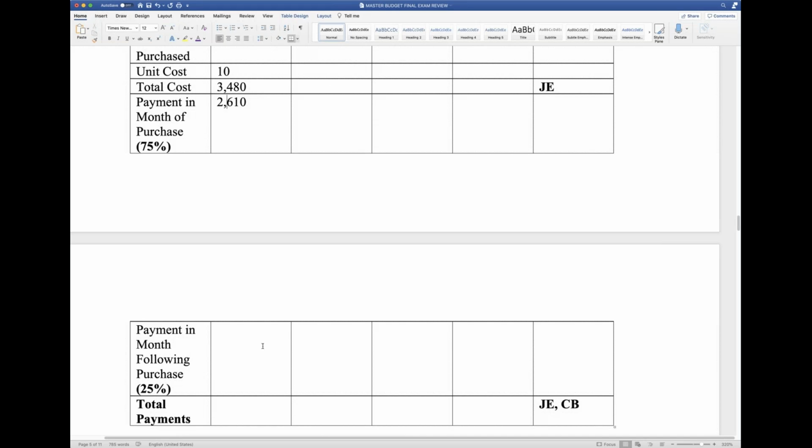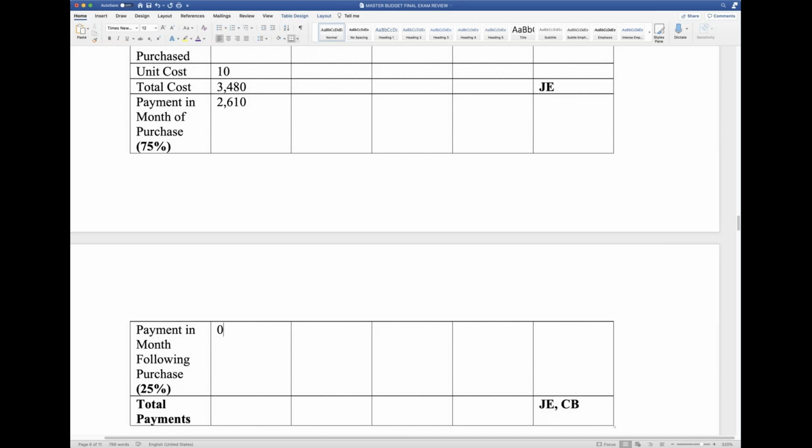So the payment for the month of. Okay, so. I thought we leave that one 0. Oh yeah, because there's no previous month. Yeah, my bad.